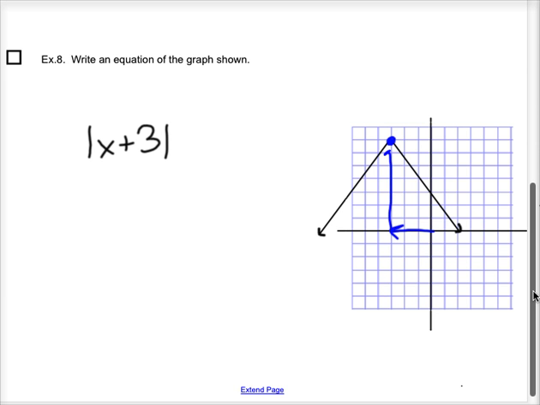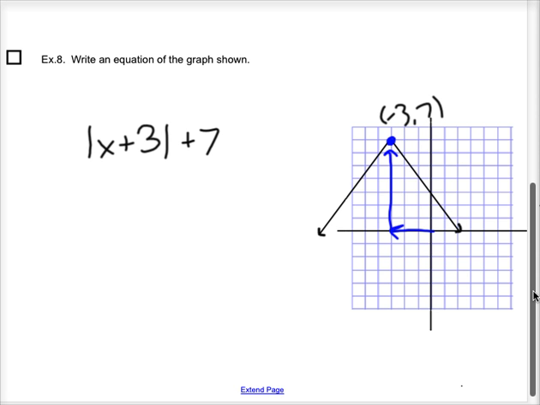And now, the other motion, it went up 1, 2, 3, 4, 5, 6, 7. So we have a vertical shift 7 up. All right, so there's my first step. Using my vertex, which is negative 3, 7, in order to construct backwards the equation.